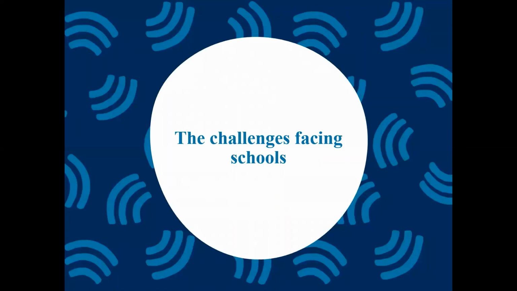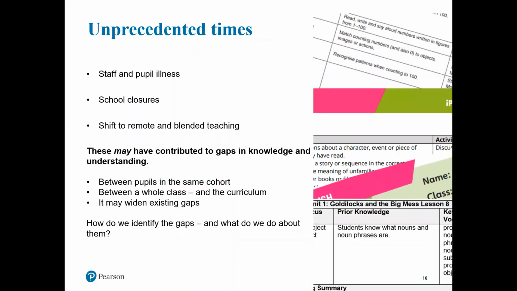Okay, on to the better stuff. I say better. Okay, so as the header says, we live in unprecedented times. You'll know as well, if not better than me, the challenges facing schools and pupils at this time. The current pandemic has had significant effects on schools and on pupils' education.